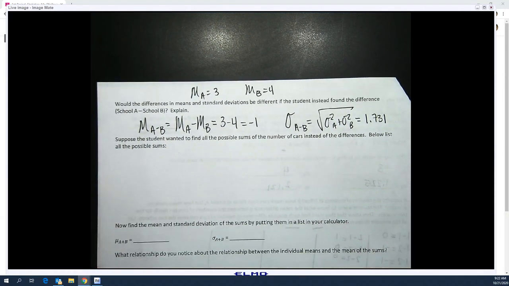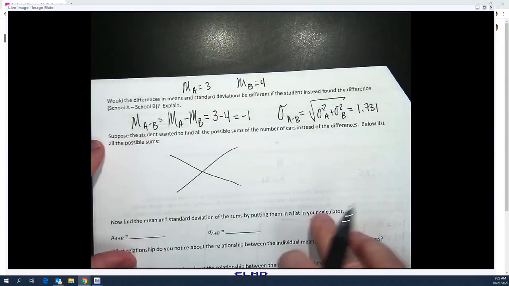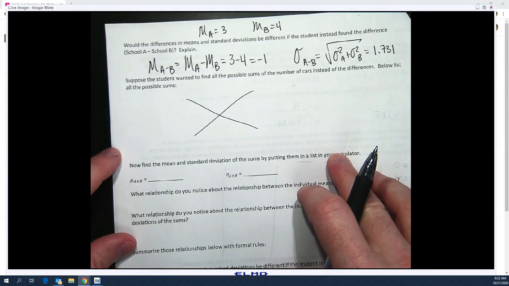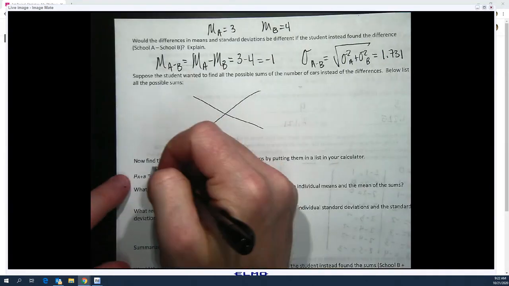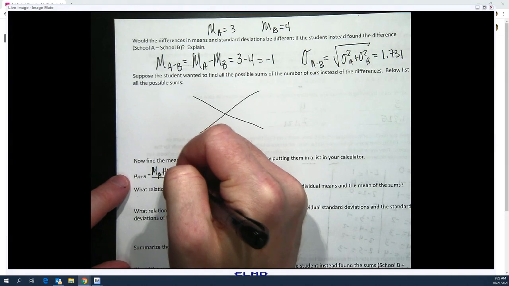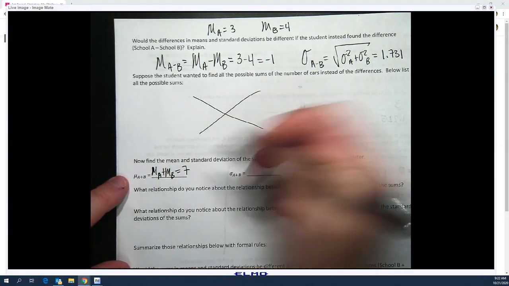And suppose I want to find the sums of all the cars together. That is not something I'm going to do. That does not seem like a good use of our time, because we already know mu of A plus B is simply going to be mu of A plus mu of B, which is 7, 3 plus 4.